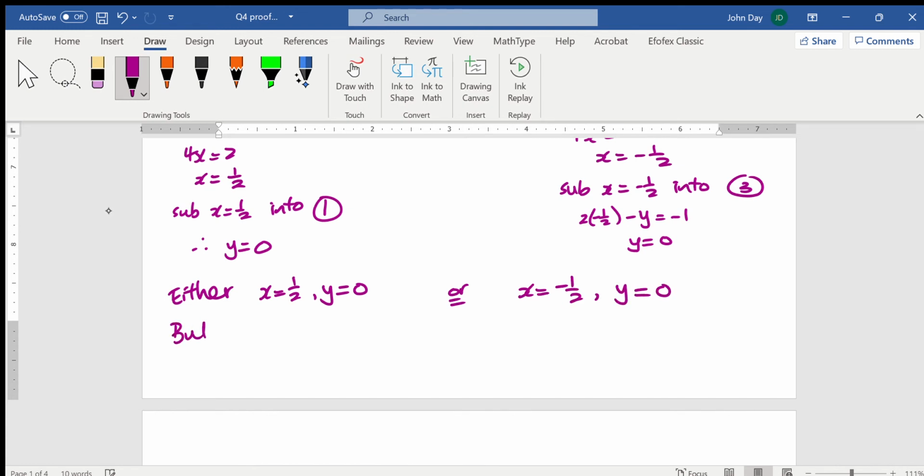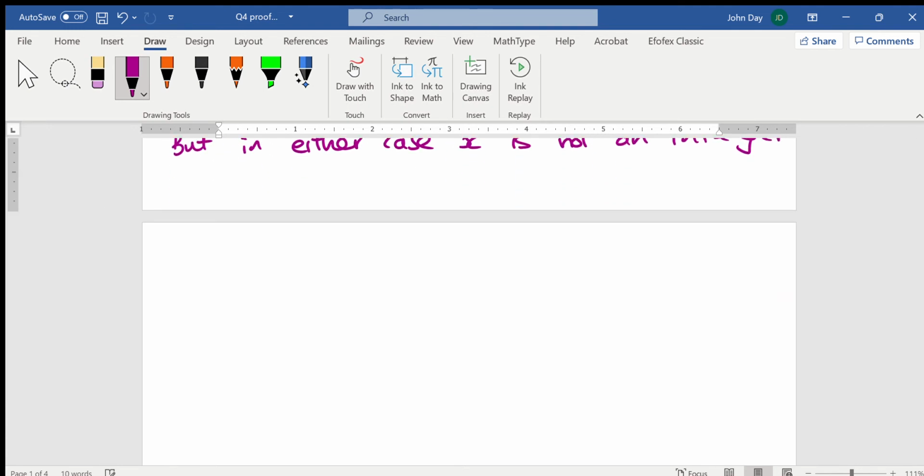But in either case, x is not an integer. Okay, fine. Well, therefore we have a contradiction, because we said that x and y were both meant to be integers.